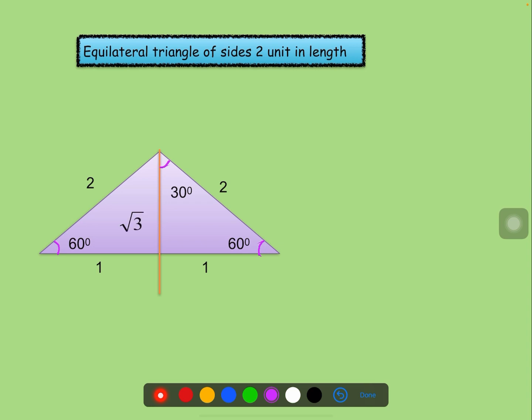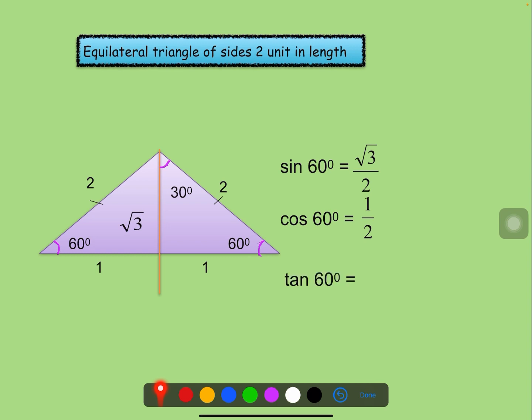And the opposite must be root 3. From here, we can have sin 60 is root 3 over 2. Cos 60 is 1 over 2.